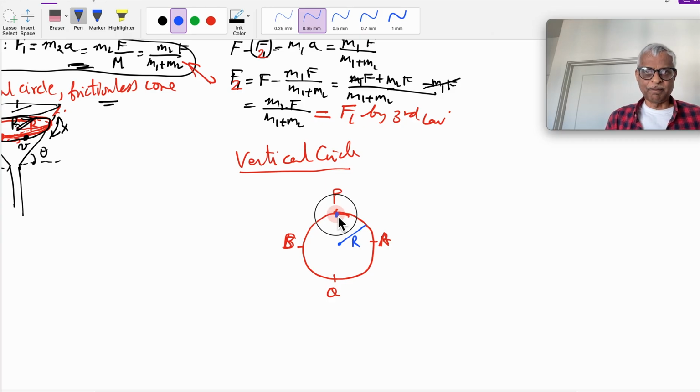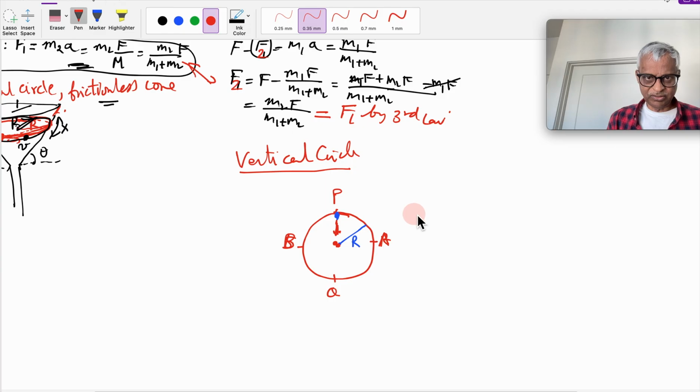First question is, what's the minimum speed? So if you increase the speed, let's first look at what if it's going in a circle. One thing we know is the acceleration will be pointed towards the center.